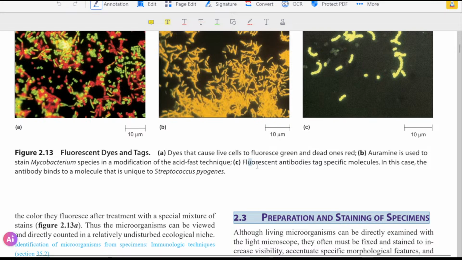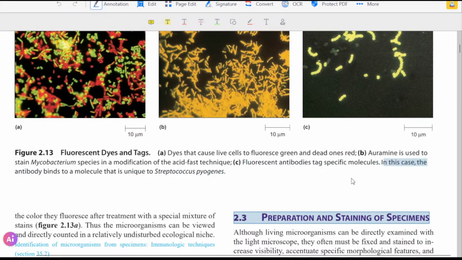Fluorescent antibodies tag specific molecules, just as we studied about probes, right? Like the DNA probes, we use antibodies as well, and we attach fluorescent molecules to the antibodies, and the antibodies bind to the organism or molecule we want to see. Usually this is serological, but in this case it is attached to a microorganism, so we can study it under the microscope.